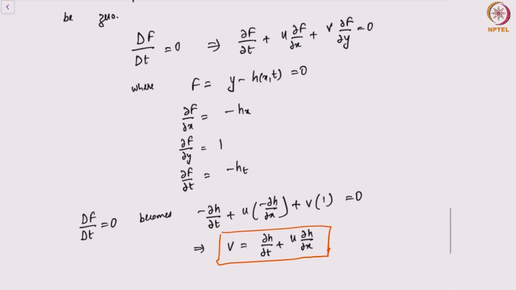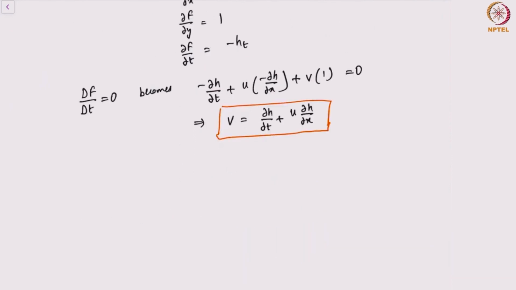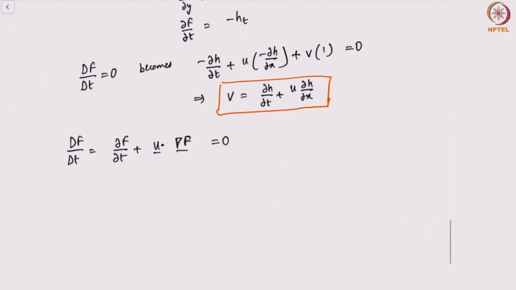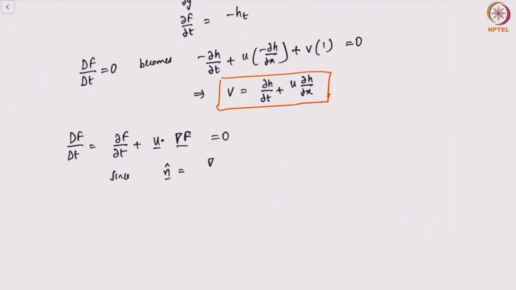For example, remember that dF by dt is nothing but the partial derivative with respect to time plus U dot grad F. Right? This is the definition of the material derivative. Since n hat, the normal vector, we have already defined to be gradient of f divided by the magnitude of this gradient, we simply have the gradient of f is nothing but n hat times the magnitude of the gradient.